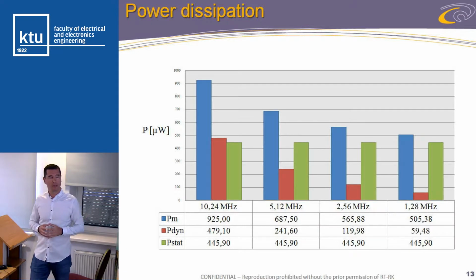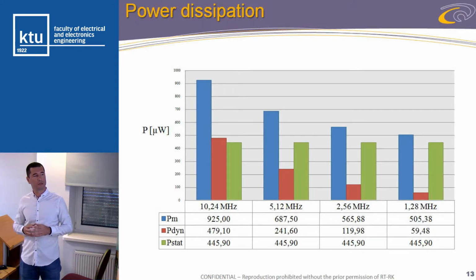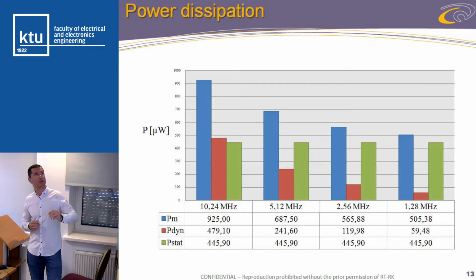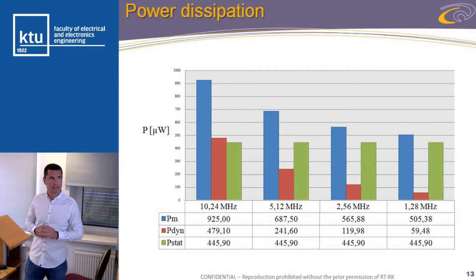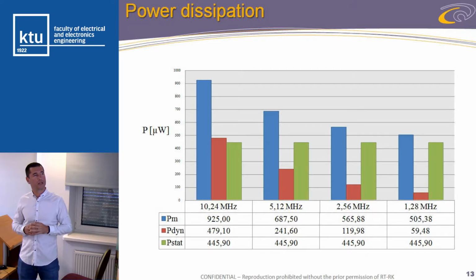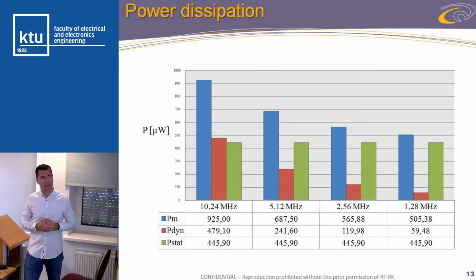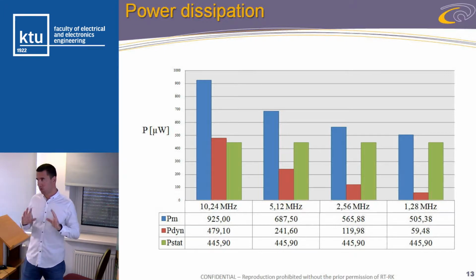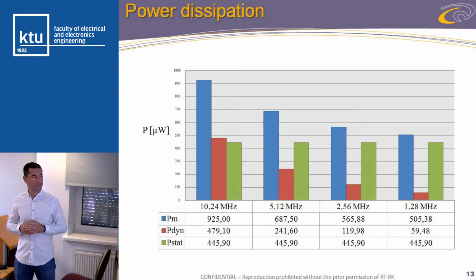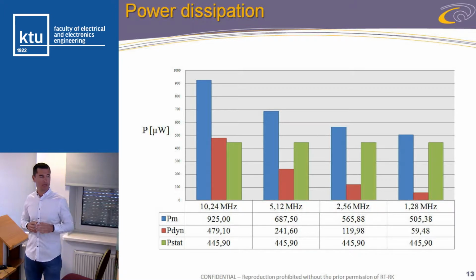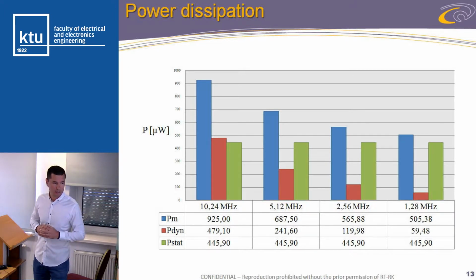On this graph, we can see power dissipation. That is power, not energy. The blue rectangle represents the overall power dissipation, the red one represents dynamic power dissipation, and the green one is the static dissipation.